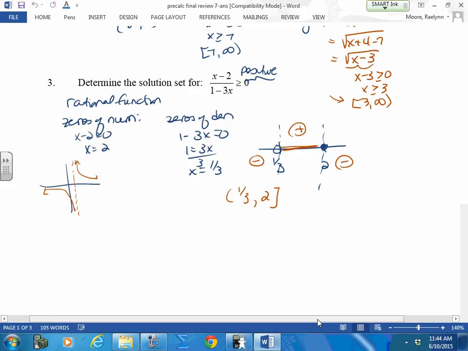You're already one term, so you have 2 things to do. Can't factor and reduce anything here. You take the zeros of your numerator and the zeros of the denominator and put them on a number line. So take whatever's in the numerator, set it equal to 0, solve for x. Take what's in the denominator, set it equal to 0, solve for x. Put it on a number line.